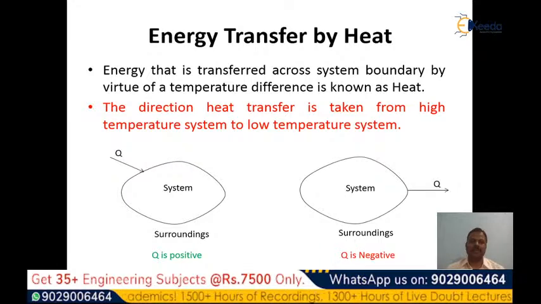Once again, in case of a steam power plant, in the condenser, heat is rejected to the surroundings, which is taken as negative. That is the sign convention in case of heat transfer.